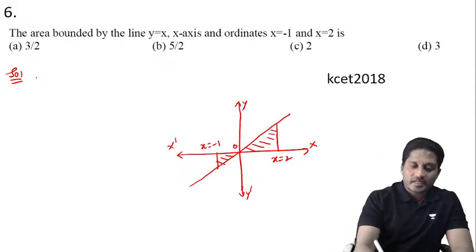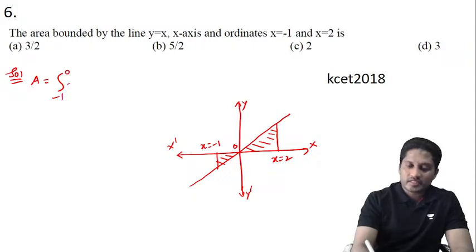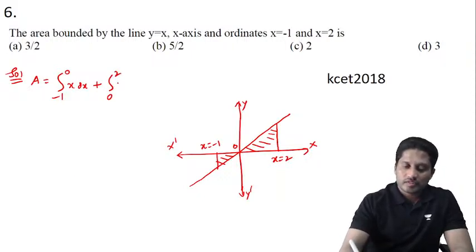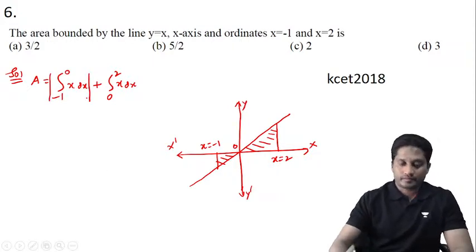Alright, now I'll write integration of -1 to 0 and then x dx, plus integration of 0 to 2 and then you get x dx. Area below the x-axis will be negative, that's why I'll keep a mod.